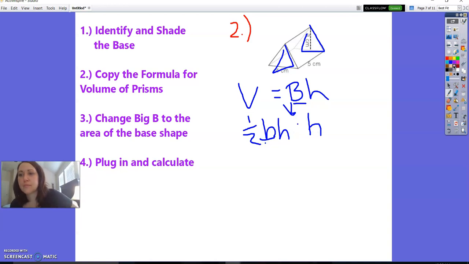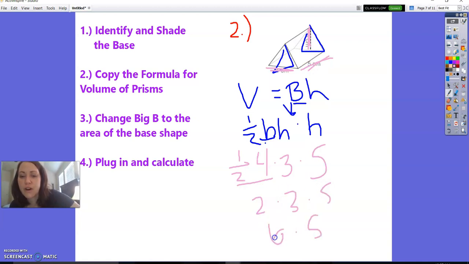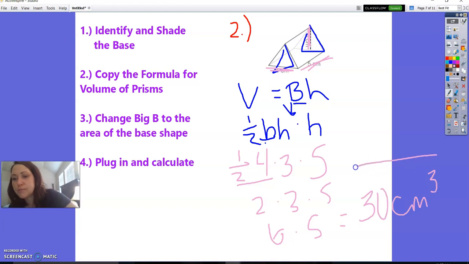Okay, so I have 1/2. This base is 4. This height of my triangle is 3. And then the distance between them is 5. So 1/2 times 4 is 2, times 3, times 5. 2 times 3 is 6. 6 times 5 is 30. So we got 30 centimeters cubed.